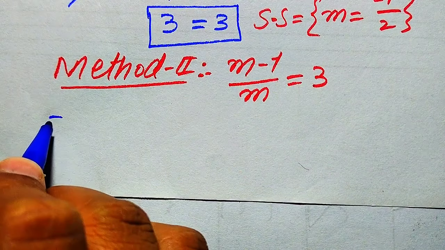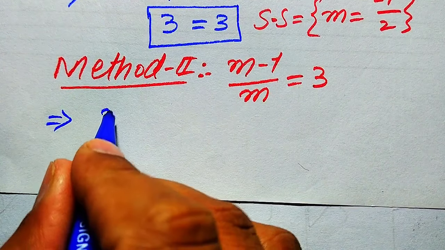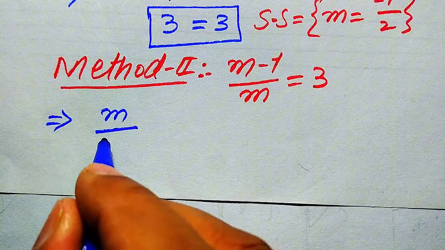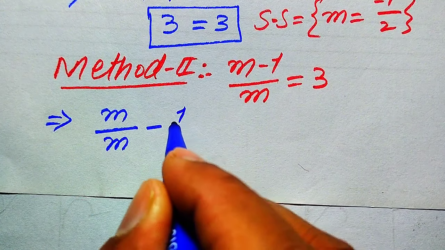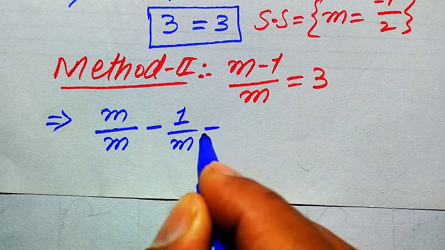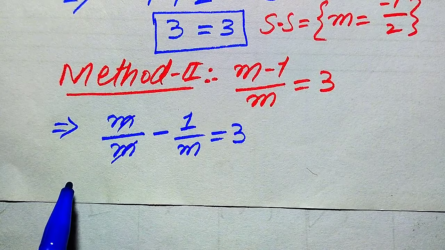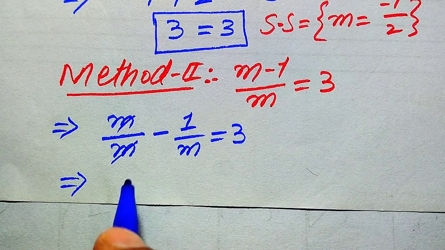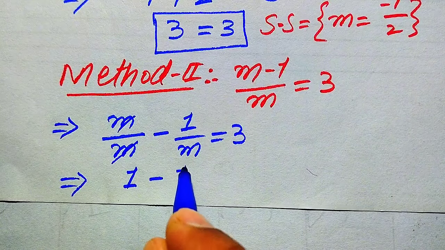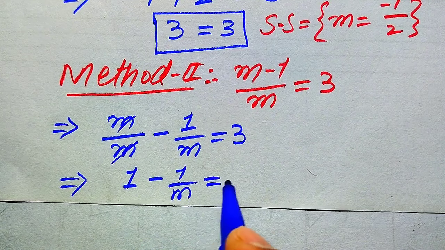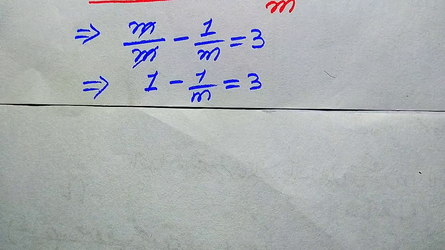In this method we need to break this fraction, and it will be written as m divided by m minus 1 divided by m equals 3. And now you see here, this m and this m are cancelled out by each other, and here we get 1 only. Minus 1 over m equals 3.